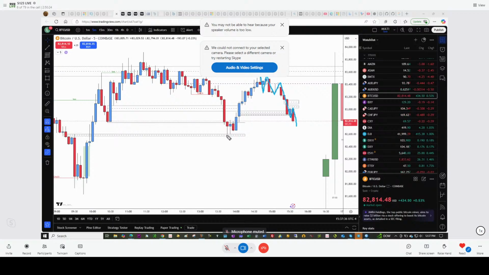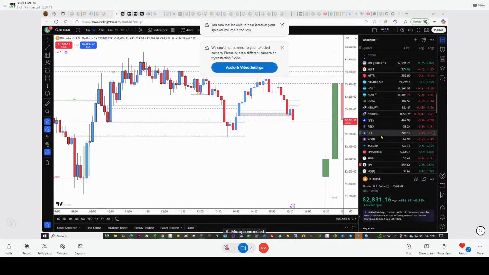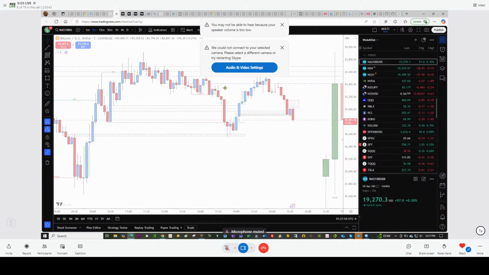I don't think they'll take this low yet. They can still get a bounce back up. They're coming back into this order block here. So quite interesting there.